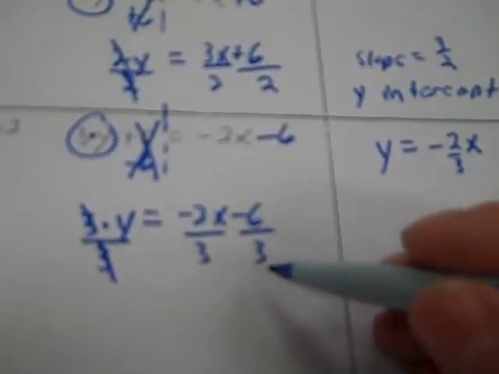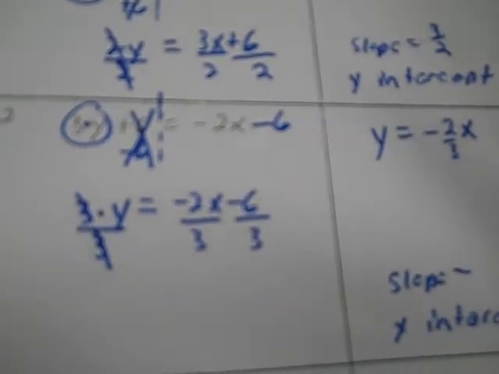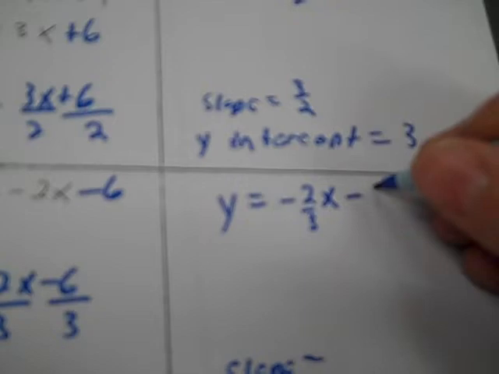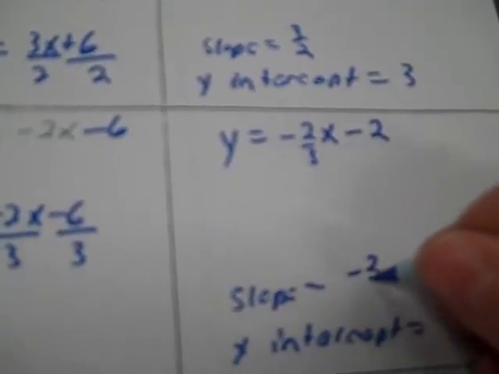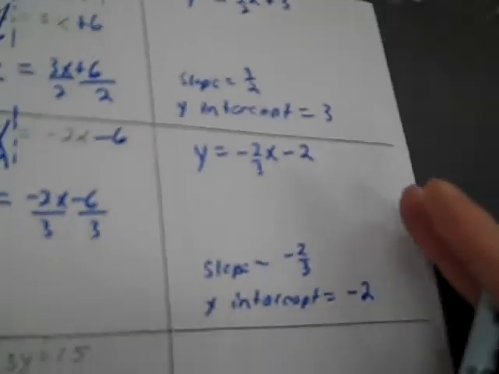Negative 6 divided by 3 is not a decimal. If it's got a minus, we divide it as a negative 6. It's negative 2, so I put minus 2. So my y-intercept is the constant at the end, negative 2, and the slope is the x coefficient, which is negative 2/3. Okay, and these are my answers.